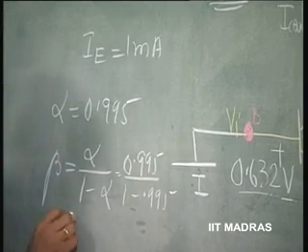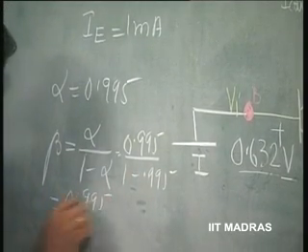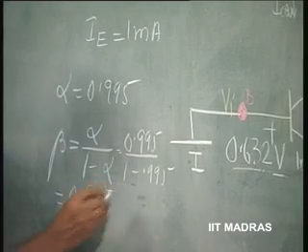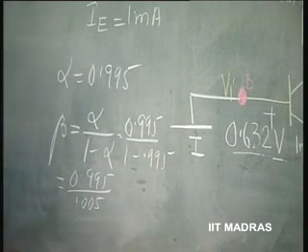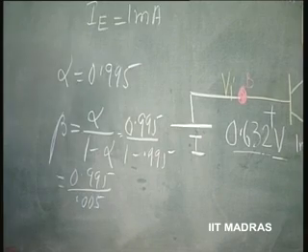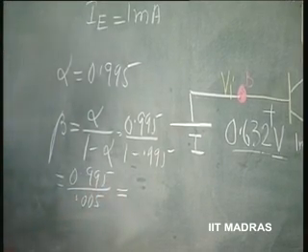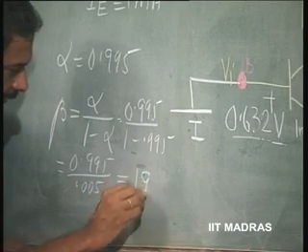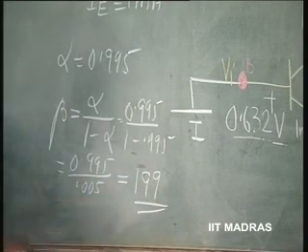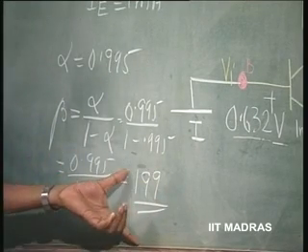This is 0.995 by 0.005. So this is going to be equal to, how much is this? 199.